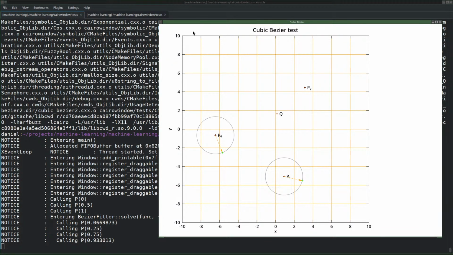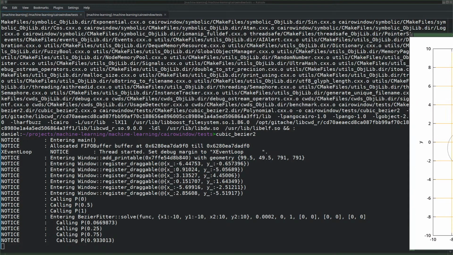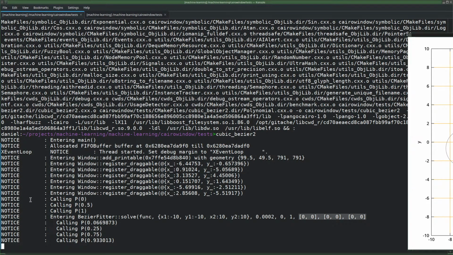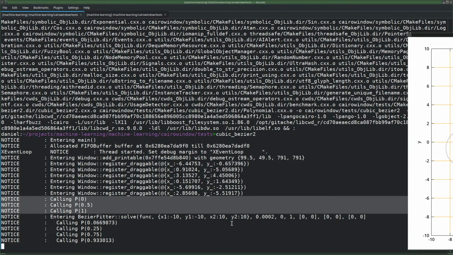Or not. I'd expect it to get still the same output. Probably here are our zeros. So this thing is called 3 times. Now we call solve on it.